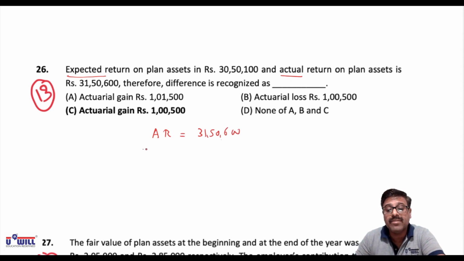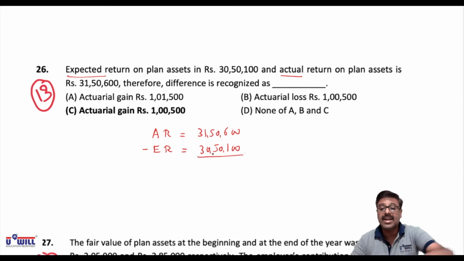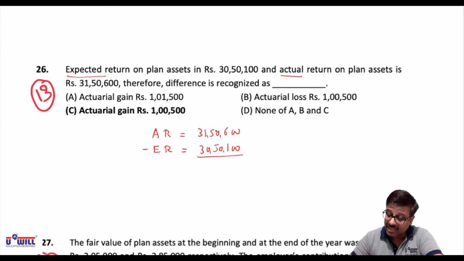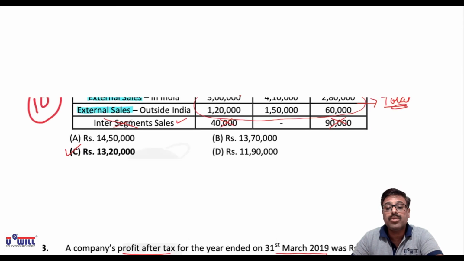This is what we have been doing when we solve the questions. From actual return you minus expected return. If actual returns are more, it is actuarial gain. So 31,50,600 minus 30,50,100 comes to positive 1,05,000. That is actuarial gain. If it comes negative, it is actuarial loss. Here it is actuarial gain. Option C.